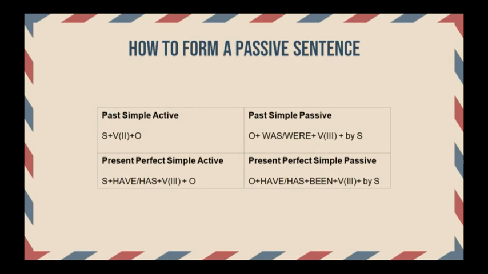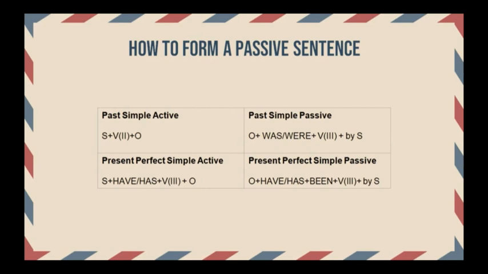For present perfect simple active, we have subject plus have or has plus verb in the third column plus object, and present perfect simple in passive voice is object plus have or has plus been plus verb in the third column plus by subject.